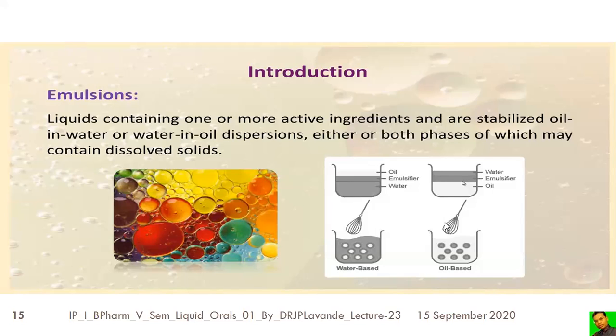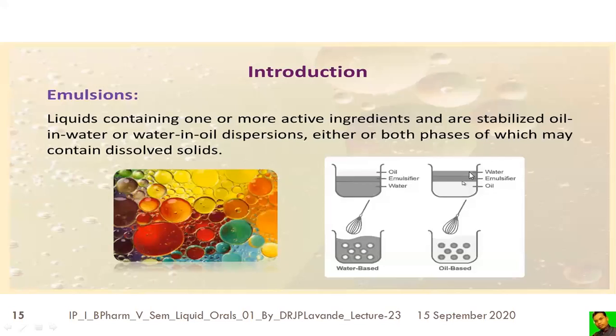You can see here there is a clear demarcation line indicating an oil phase and a water phase. These two phases are held together with the help of a third substance, which is called an emulsifying agent, also called an emulsifier, which makes the emulsion stable.